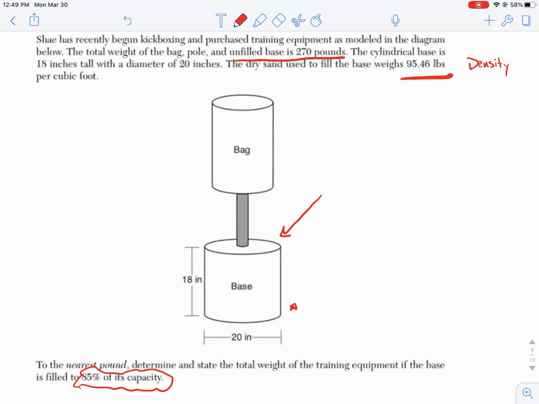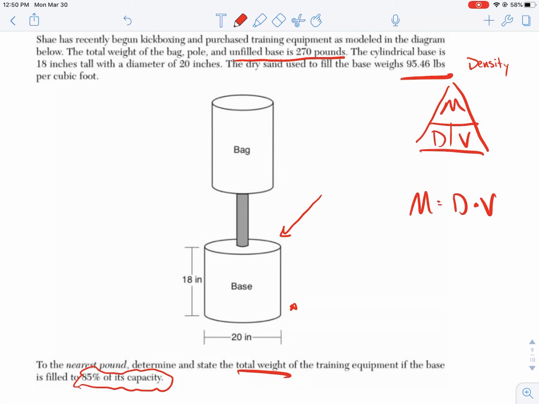So our game plan is to find the full volume of that cylindrical base, and then find out what its volume is at 85% full. Then we take its volume and its density and multiply those together to get our mass. Remember, mass is the density times the volume.